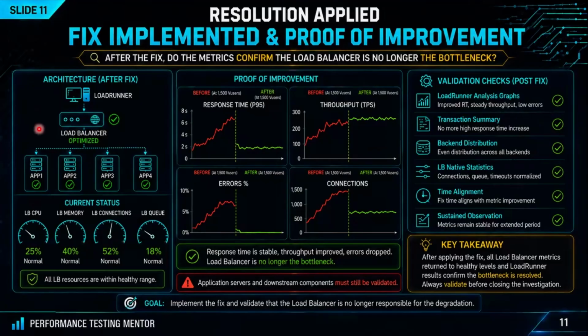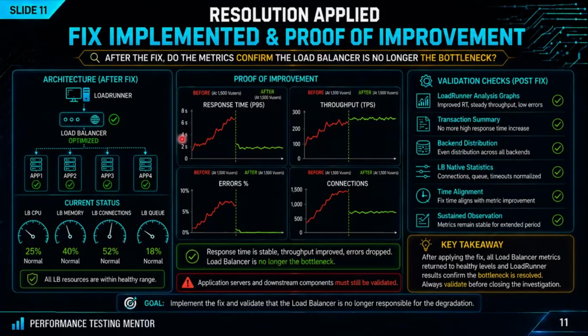Before the change, the traffic distribution was something like this. App4 is clearly receiving a much larger share of the traffic here. After the corrective action, the traffic becomes much more balanced. But balanced traffic alone doesn't prove that the problem is fixed.